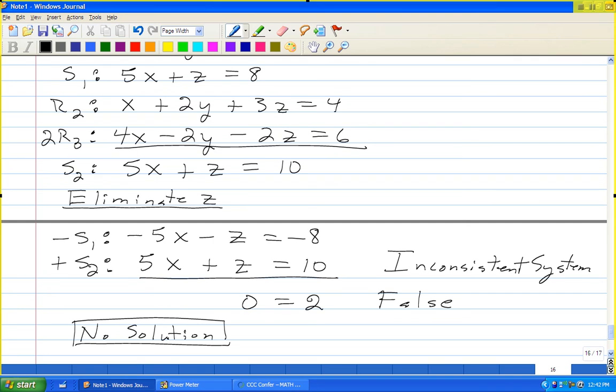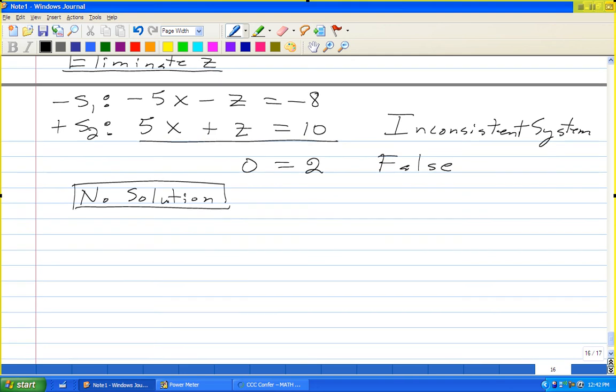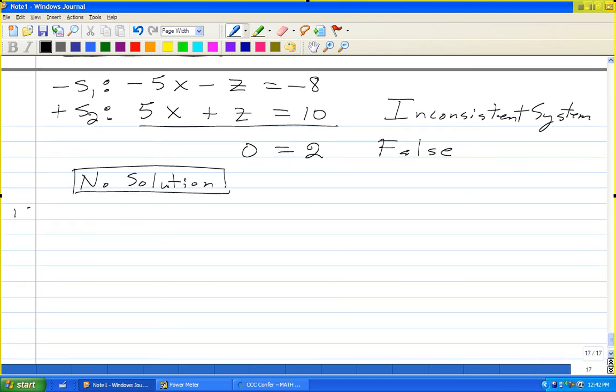Okay, 15. It's an underdetermined system. Okay, so problem 15. In general, underdetermined systems will have a lot of solutions.